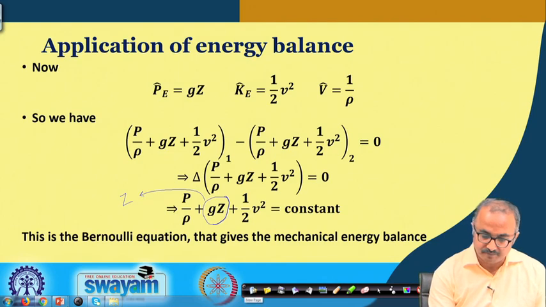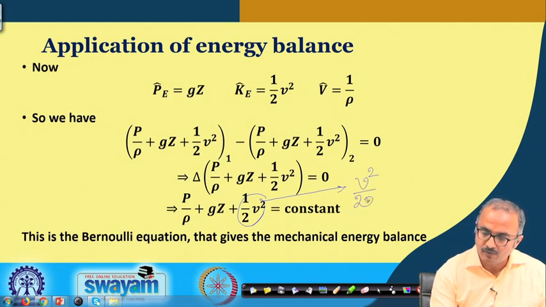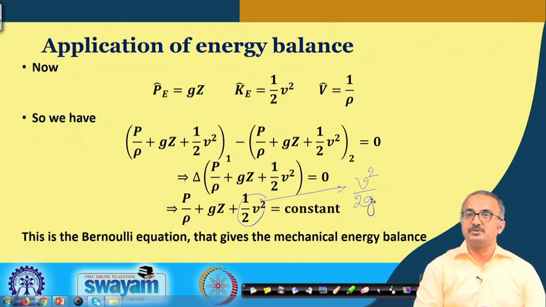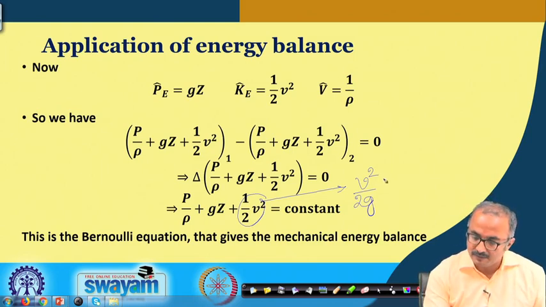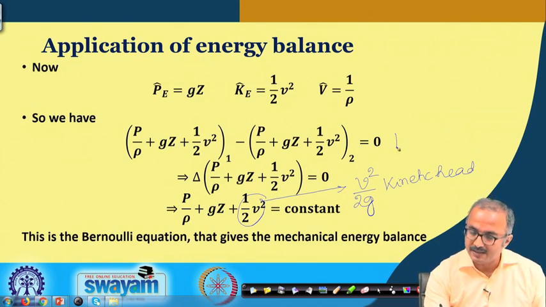And the third term, which we get from this particular term, will be V square by 2g. Again, if you take the dimension of this particular term, you will find this will be in terms of some length dimension. So, this we call the kinetic head. So, we have three heads. Let me write them again.